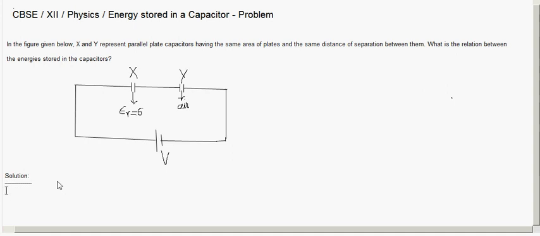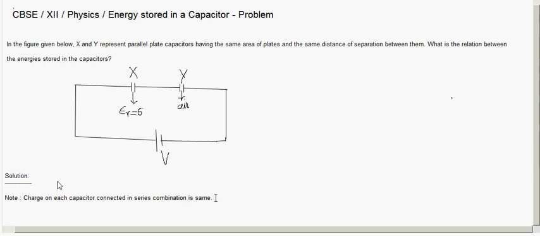First remember this thing. I'll write a note here. When two capacitors are connected in series, the charge on each capacitor is the same.